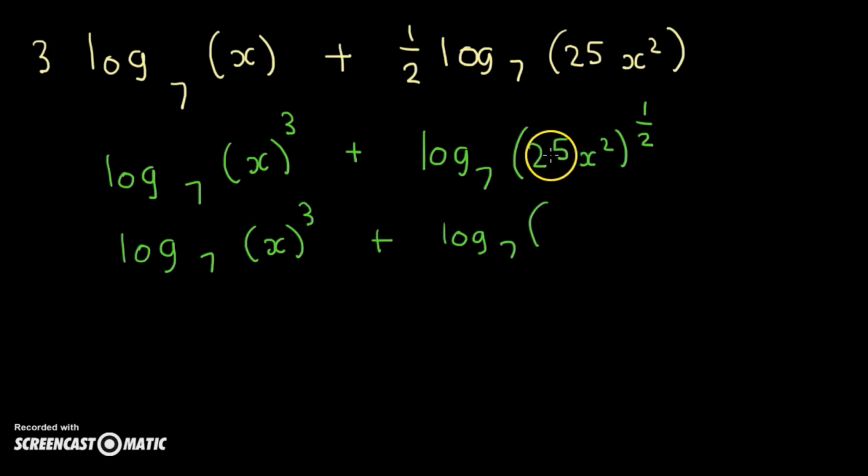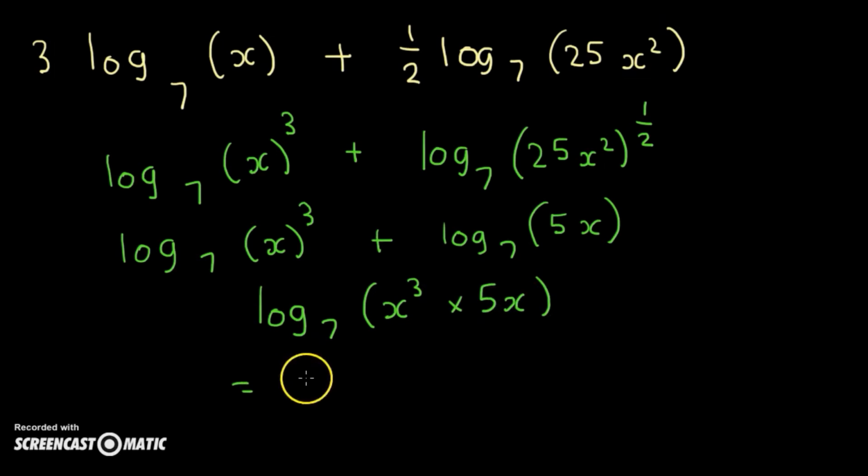If you square root that 25, that becomes 5. Square root the x squared, it's x. And then we just multiply the inside, so x cubed times 5x. That leaves us with log to the base 7 of 5 times x to the power of 4.